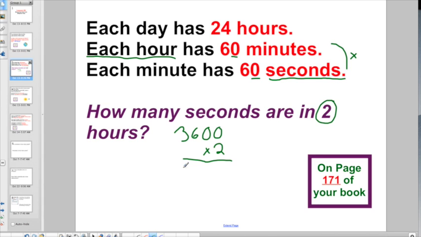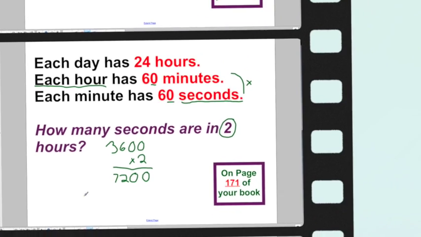Can you do that one in your head? 36 times 2 is 72. 0 times 0 is 0. 0 times 0 is 0. Now, if you got really confused, I didn't run a traditional multiplication algorithm. Feel free to go 2 times 0, 2 times 0, 6 times 2 is 12, write down the 2, carry the 1, and 2 times 3 is 6 plus 1 more, you still end up with the same answer.